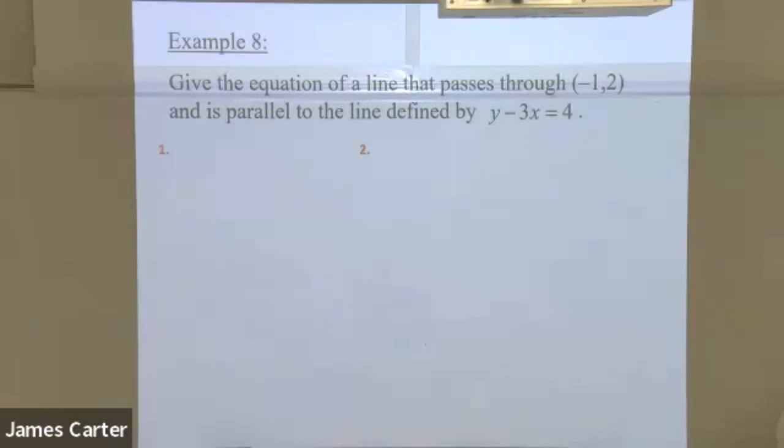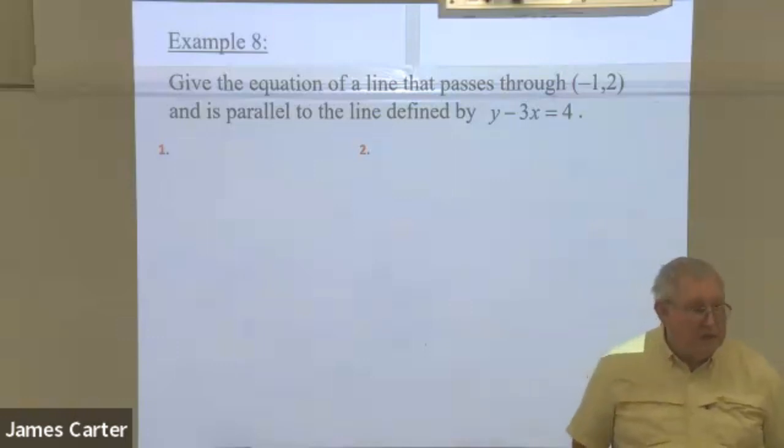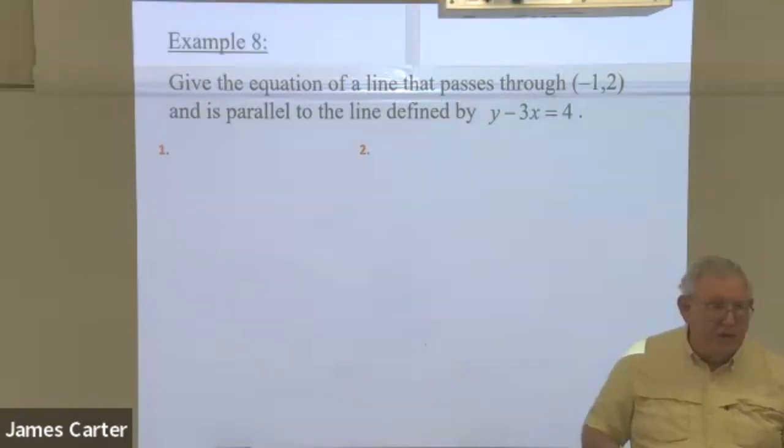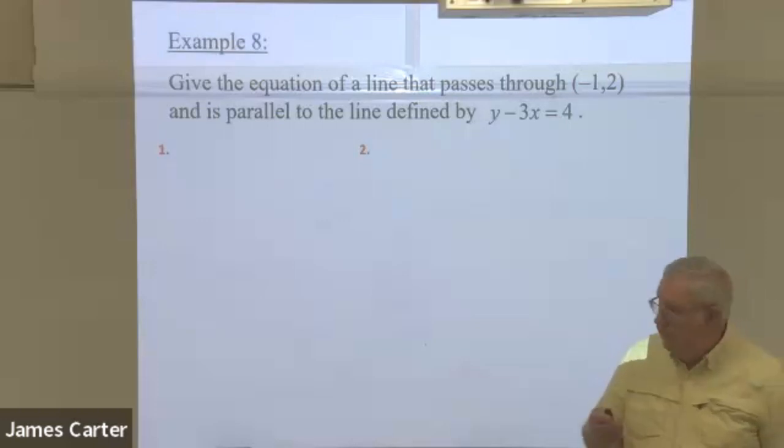Okay, now give the equation of the line that passes through this point and is parallel to the line defined by this. Well, first thing we got to do is put that in y = mx plus b form so we can see what the slope is. Because if we want a parallel or perpendicular, we better know what the original slope was.